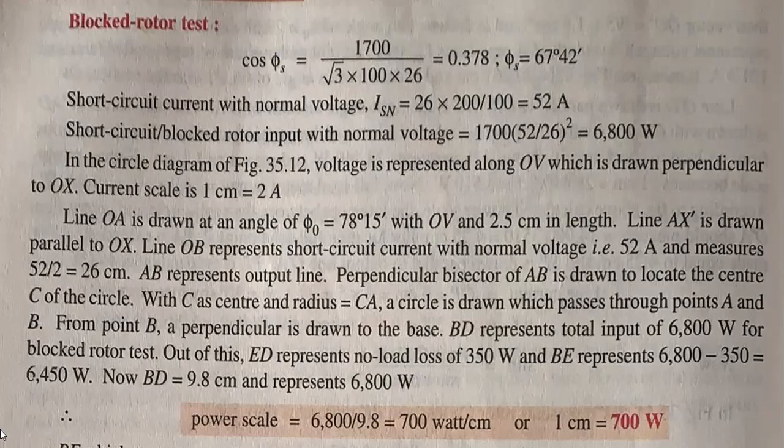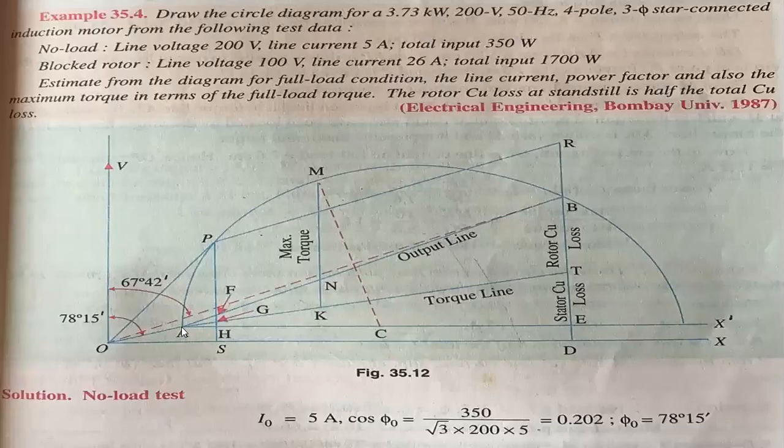Next, here AB will be representing the output line. From A to B, it represents the output line. After that, see here, the perpendicular bisector of AB.